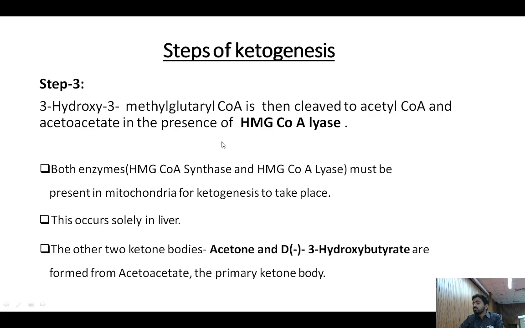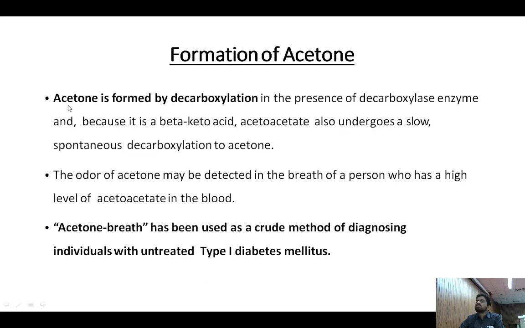The first ketone body is formed, acetoacetate, and the other two ketone bodies are acetone and beta-hydroxybutyrate. Acetone and beta-hydroxybutyrate are formed from acetoacetate, and acetoacetate is the primary ketone body. How is acetone formed from acetoacetate? Acetone is formed by decarboxylation with the help of the enzyme decarboxylase.